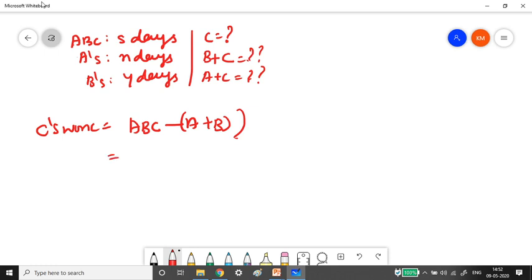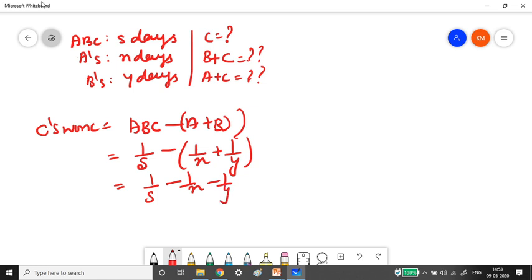So ABC's 1 day work will be 1 by S, minus A's 1 day work, which is 1 by X, minus B's 1 day work, which is 1 by Y. So 1 by S minus 1 by X minus 1 by Y. Once you take the LCM, you will get (XY minus SY minus XS) divided by SXY.